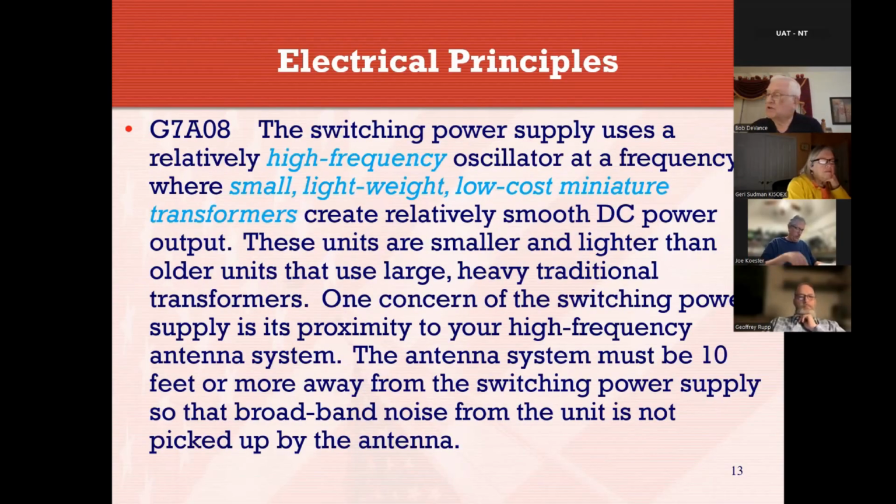And then this is one that's just an interesting tidbit that we need to remember. Most of our power supplies today are switching power supplies, as opposed to linear power supplies.